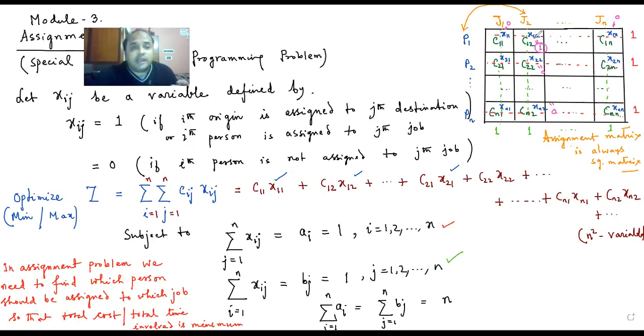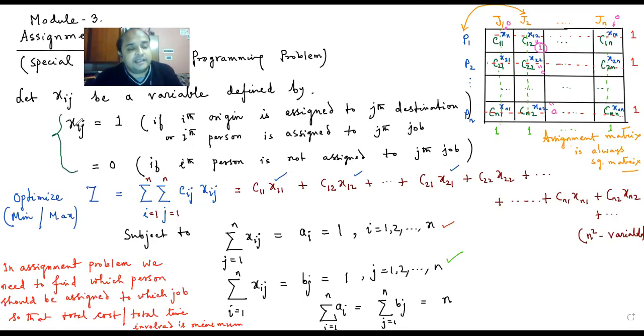It means one and only one person can be assigned to a job, and one and only one job can be assigned to a person. So if in a particular row or column there is an assignment, then in that row or column there cannot be other assignments. And therefore, now you come back to this particular mathematical model.